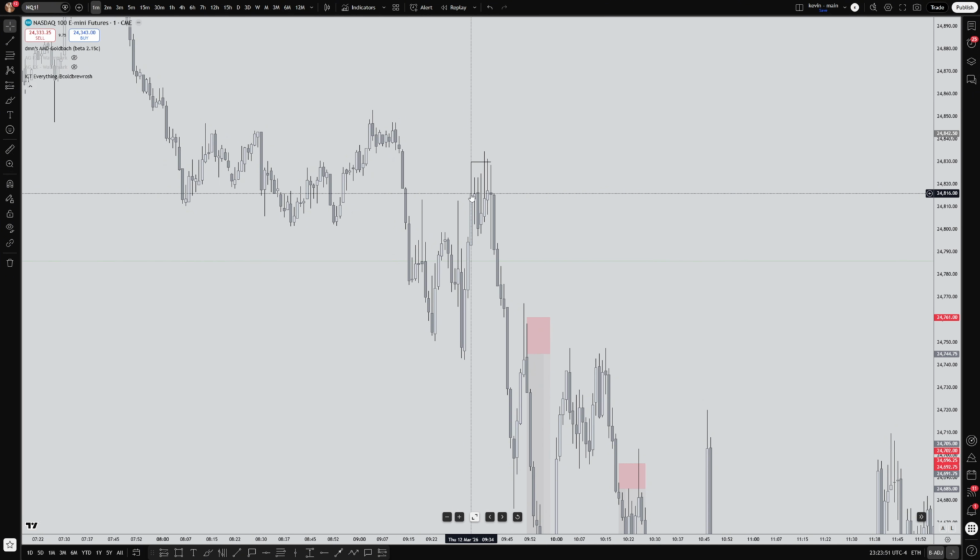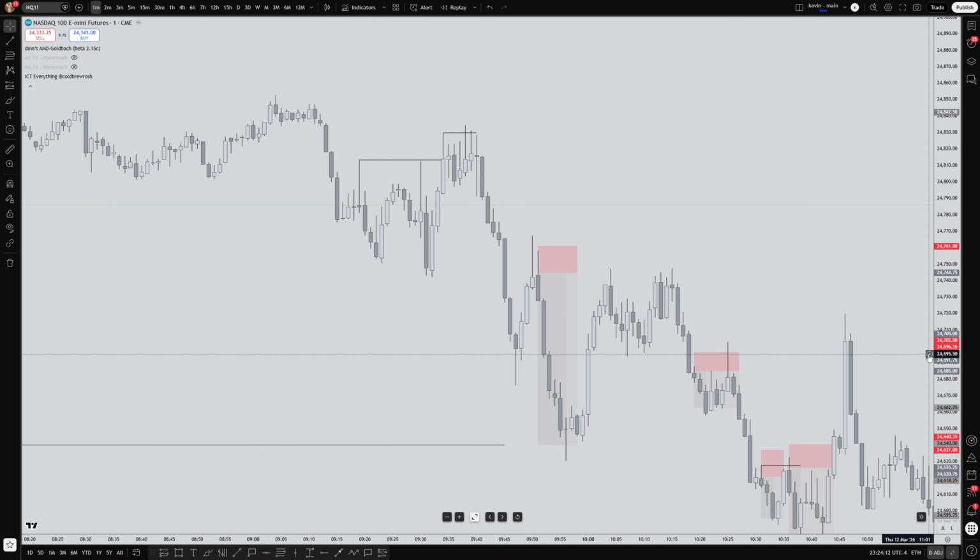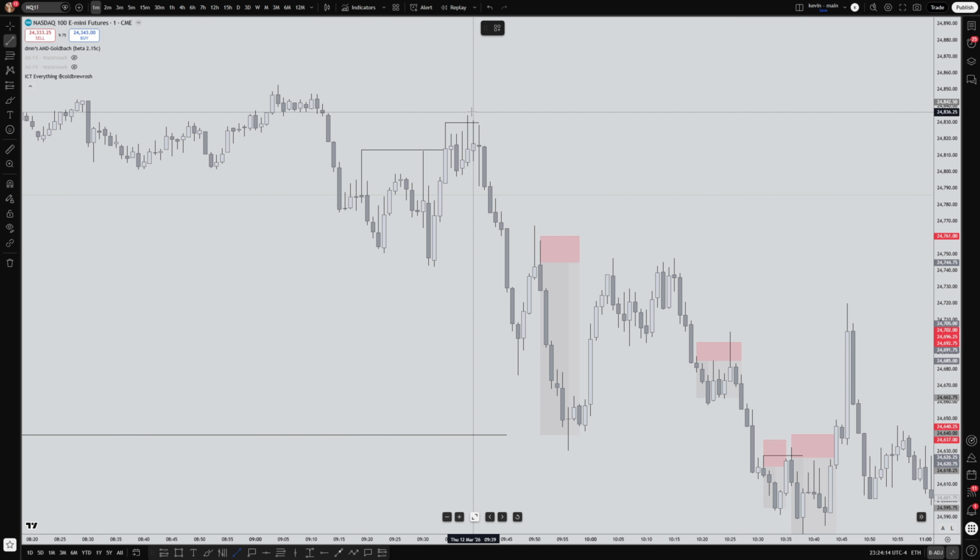I would not take this first sweep just because there's no time. If there was time here, maybe I would have taken it. This is a really good entry here. I didn't take this just because I hesitated. Now continuations, same thing. If this is truly the reversal, this is the opposing side. I wanted to see this be ran through. It gets ran through.